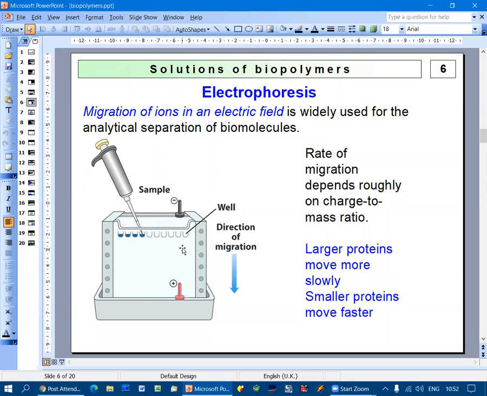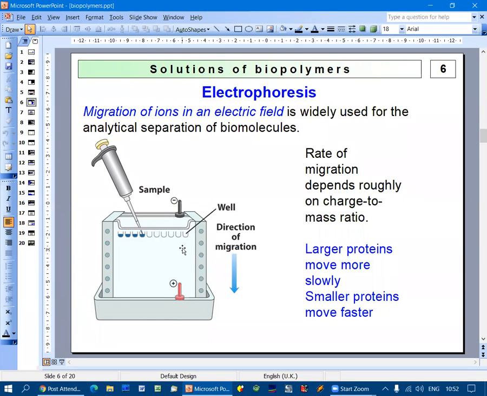Electrophoretic analysis is widely used in forensics to compare, for example, DNA, in medical laboratories to do genetic testing, in microbiology, in chemical labs to purify samples of protein.